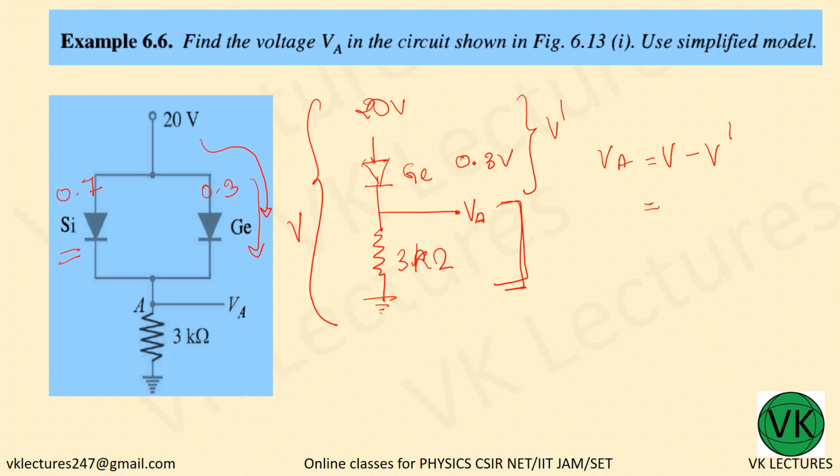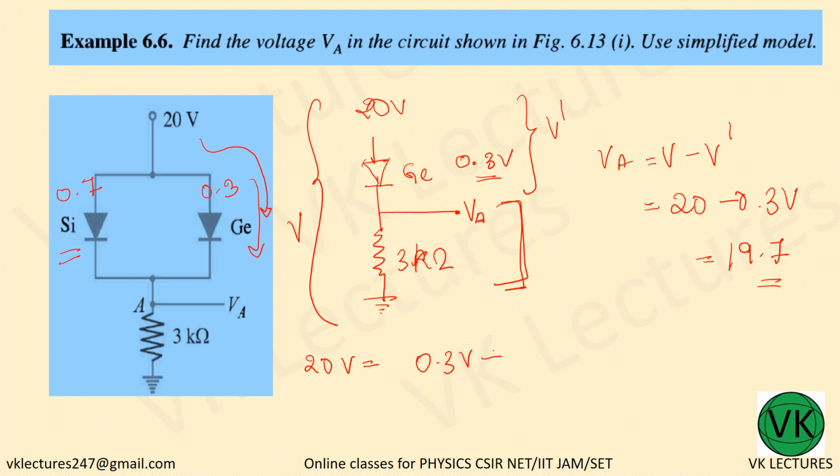What is V? V is 20 volt minus what is V dash? From here to here there is a drop of only 0.3 volt, so 0.3 volt, which is nothing but 19.7.